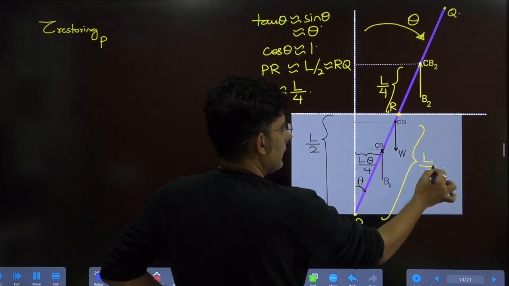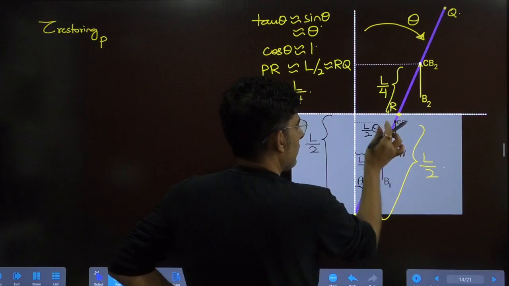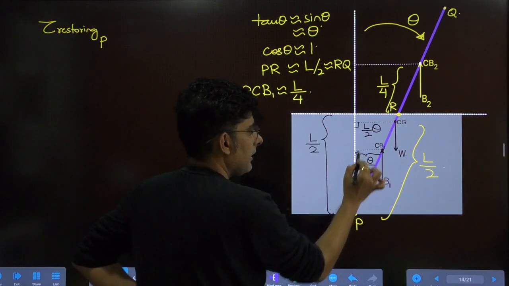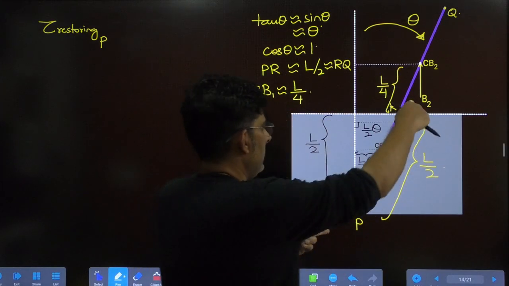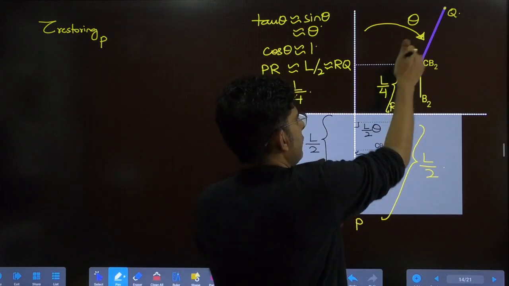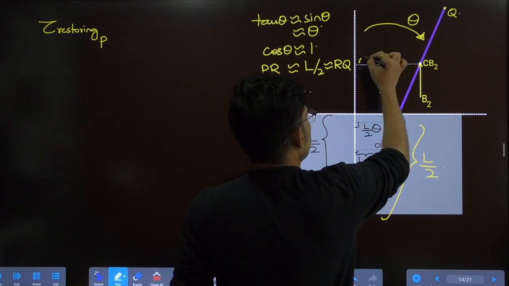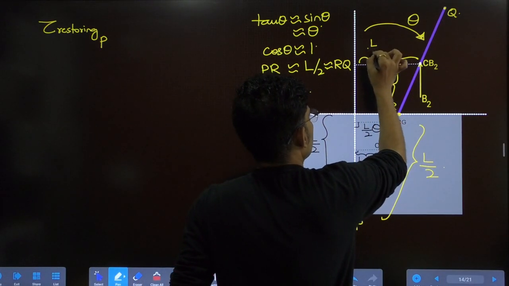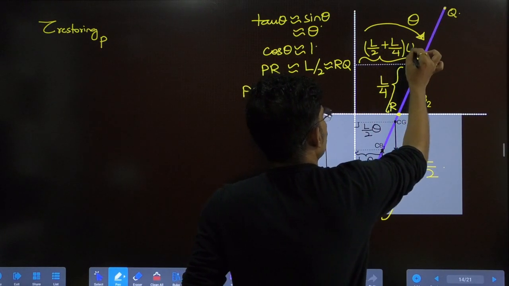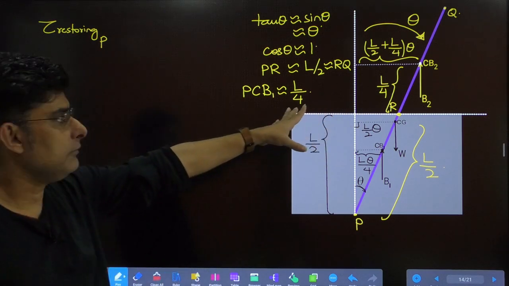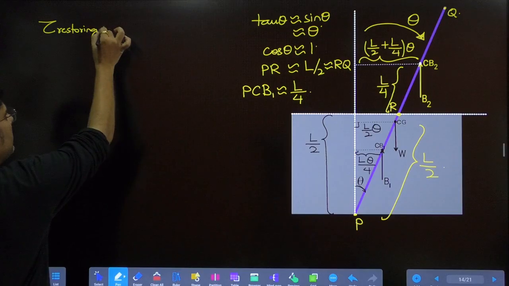For weight, this is L by 2, so this will become L by 2 into theta, approximately, for small angles. And similarly, for B2, this total length will become L by 2 plus L by 4, so approximately we can take it as L by 2 plus L by 4 into theta. Clear?